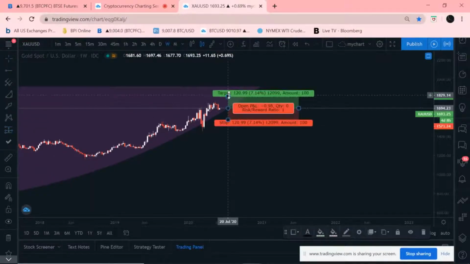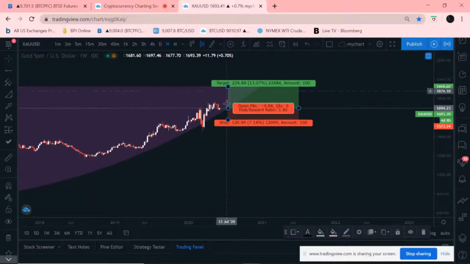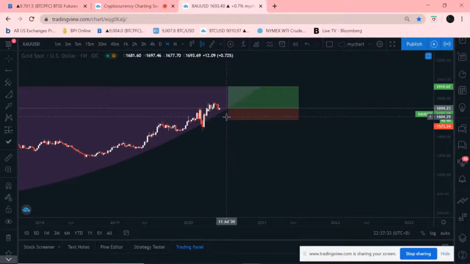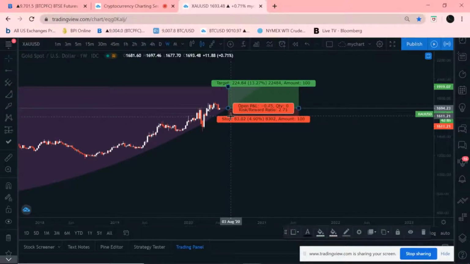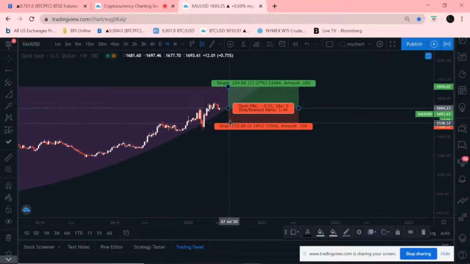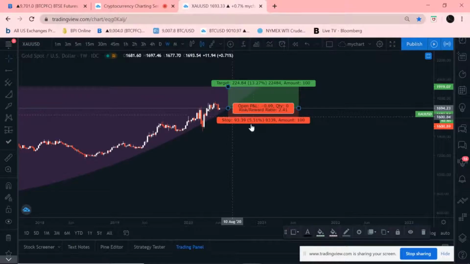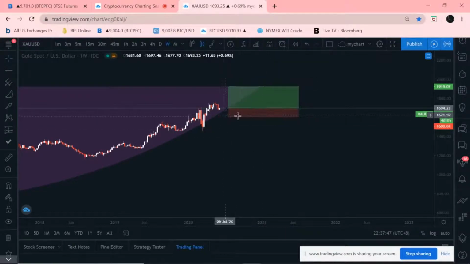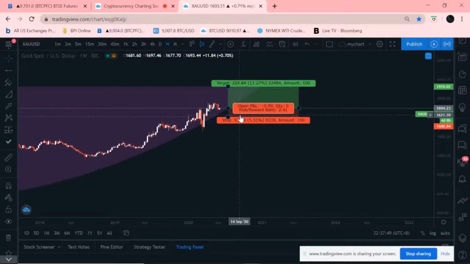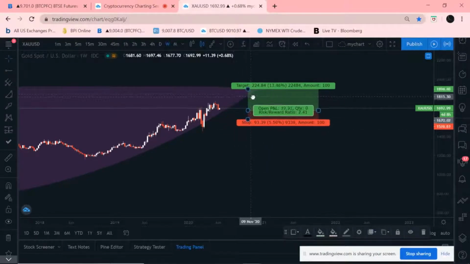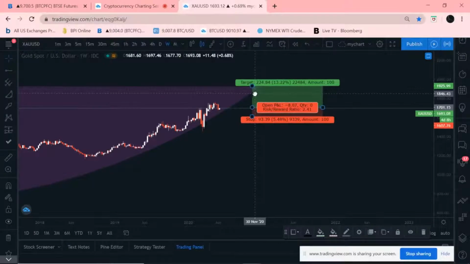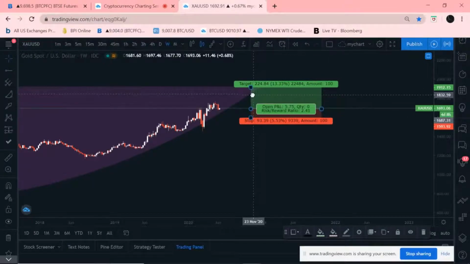If it reaches our all-time high target of around 19 and the support we're looking at is at least at this level, that's around a 2.41 risk reward ratio. But of course, when it will retest the all-time high, we don't know.